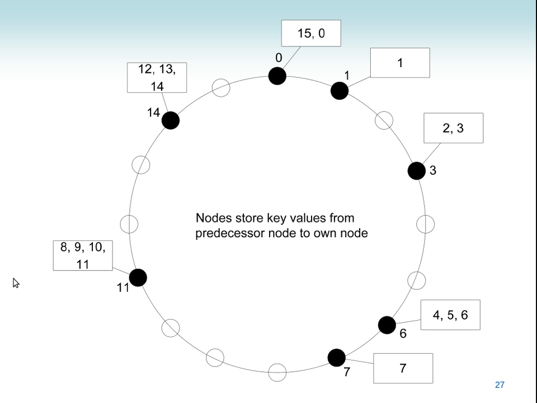Before we search for data, let's insert a node. What happens if a new node joins a network? A new node wants to join this peer-to-peer system.